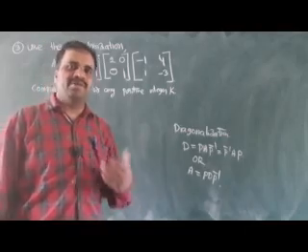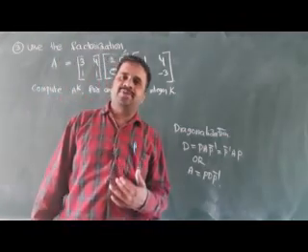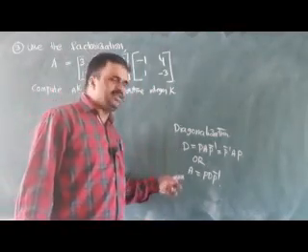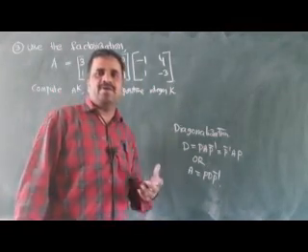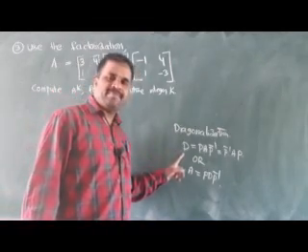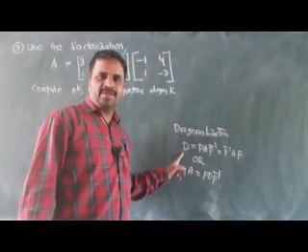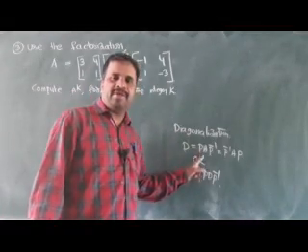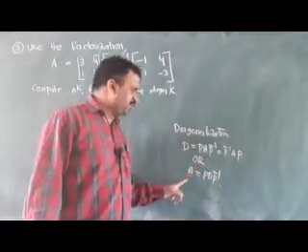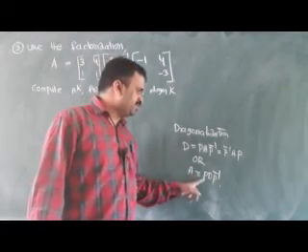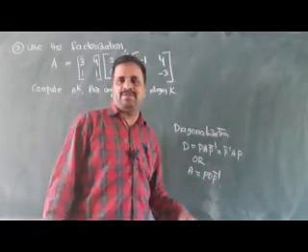A is similar to D, or we can say D is similar to A, both are the same. So you can write any condition depending on our requirement. If we want D power k, we can write D equal to P A power k P inverse. If you want A power k, we can write A power k equal to P D power k P inverse.